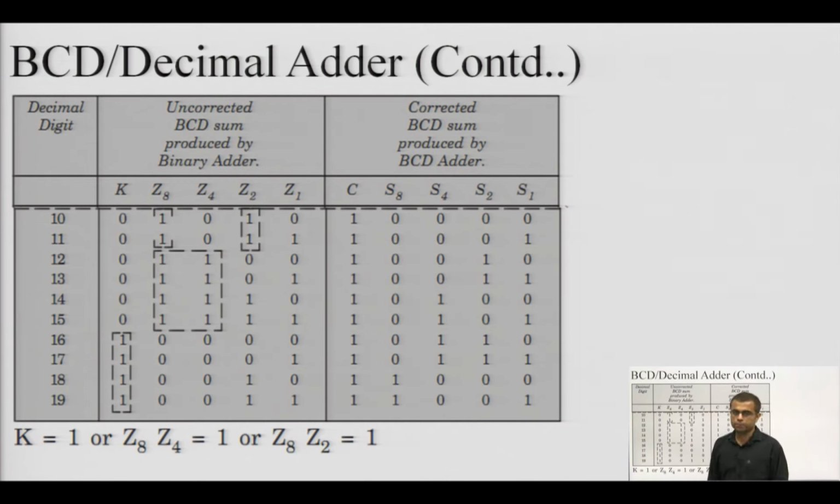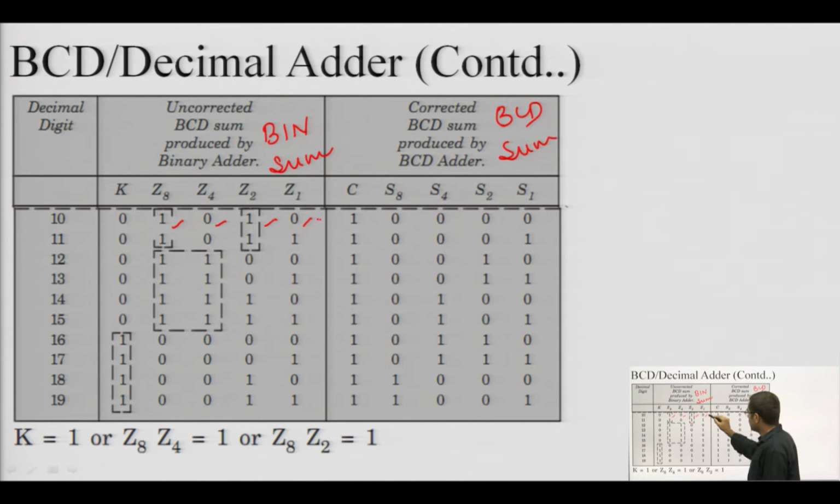Now 10 to 19. This is 10: Z8, Z4, Z2, Z1, 8 plus 2 is 10. Similarly, this is 11. Again, this is the binary sum for 10 to 19, and this is the BCD sum.